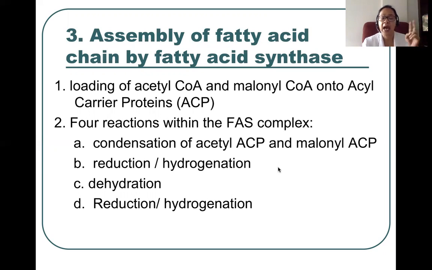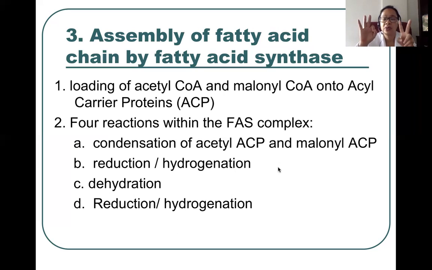So what did I say? Acetyl ACP has two carbons. Malonyl coenzyme A has 3 carbons; this is a product of the carboxylation of acetyl-CoA. During the condensation, there would be removal of 1 carbon. There would be decarboxylation that would happen.